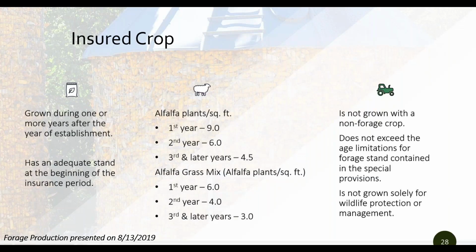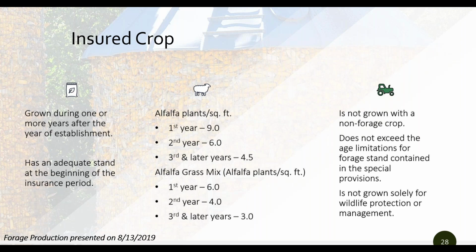So continuing on with the insured crop, it's grown during 1 or more years after the year of establishment. We covered the year of establishment earlier in the presentation. It has an adequate stand at the beginning of the insurance period. What is an adequate stand?